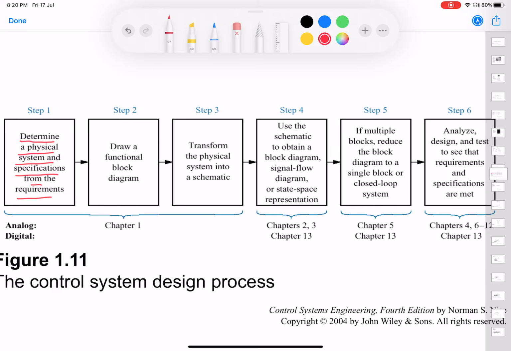The next step would be to draw the functional block diagram, right? The functional block diagram would involve interconnections between different systems, and what is the information flow, what is the flow of the signals from one subsystem to another subsystem?